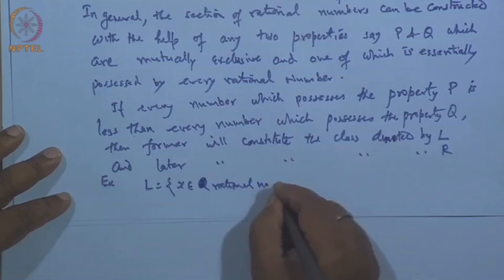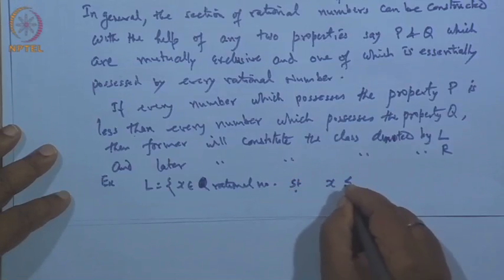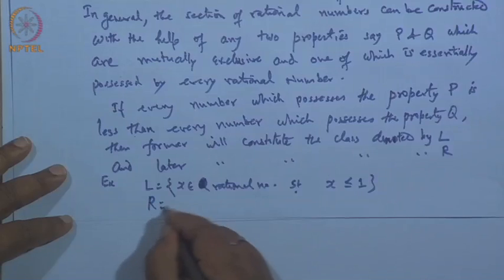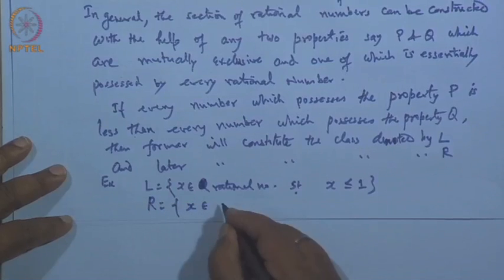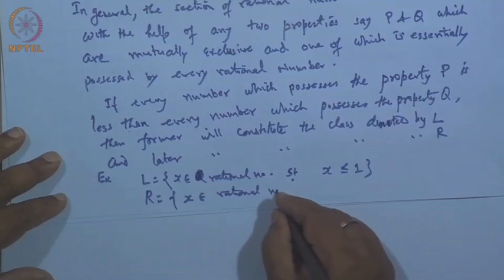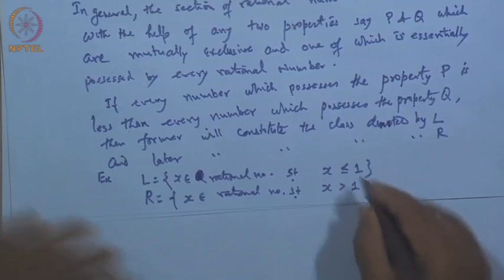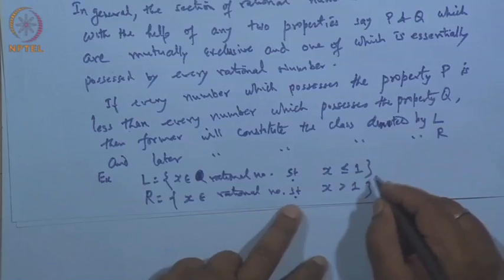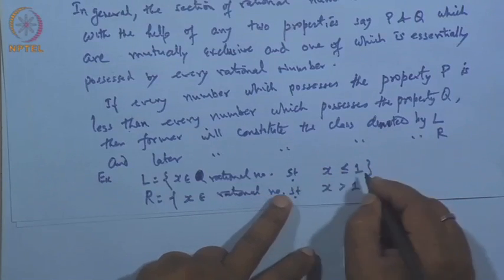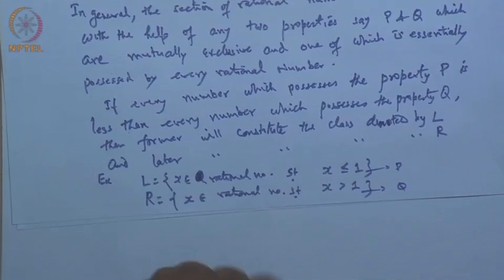Rational numbers such that x is less than or equal to 1, and R is the class of those rational numbers such that x is greater than 1. So, this is the property P, is it not? This one is the property P, this one is the property Q.